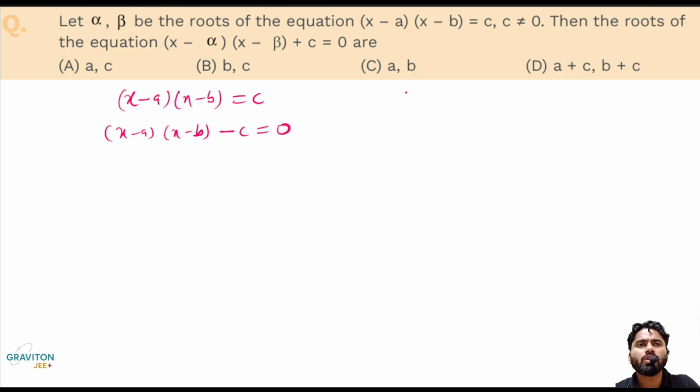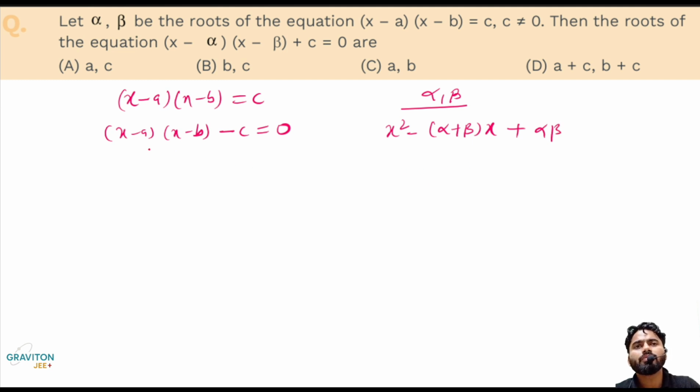And we know that if we know the roots of the equation, then we can find the equation. So if I told you alpha and beta are roots of any equation, then write the equation. So how do you write the equation? x square minus (alpha plus beta) into x plus alpha into beta, right?